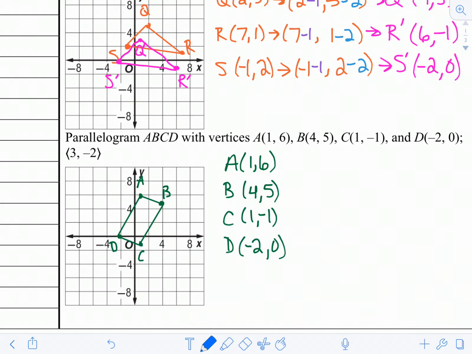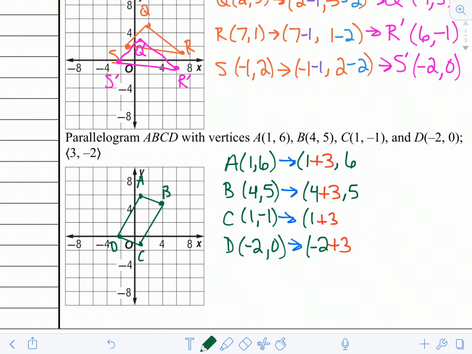My vector says we're going to add 3 to the x and subtract 2 from the y. I'm going to rewrite these. We have x's of 1, 4, 1, and -2, and I have to add 3 to my x's. Then the y's: 6, 5, -1, 0, and we have to subtract 2 from our y's.